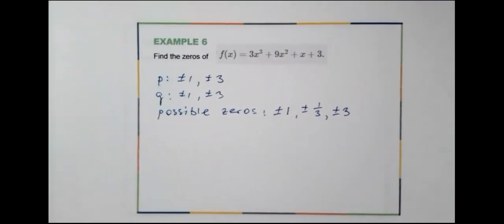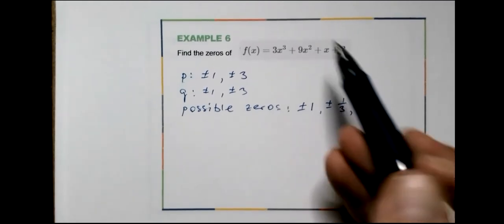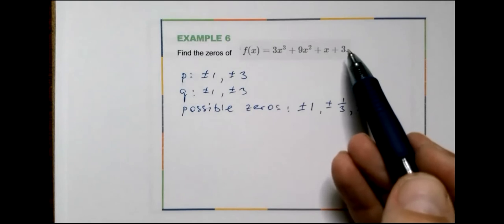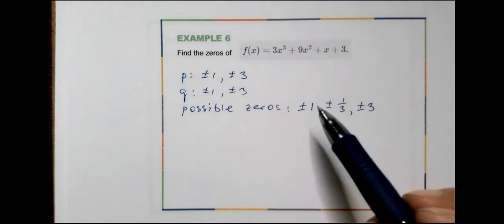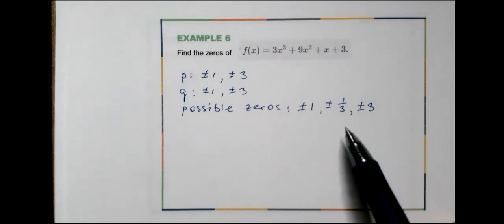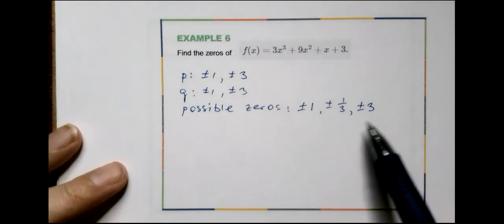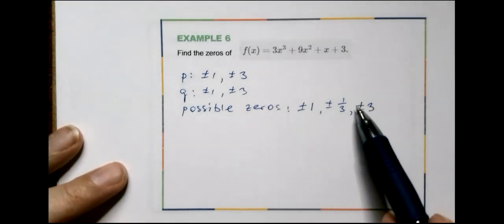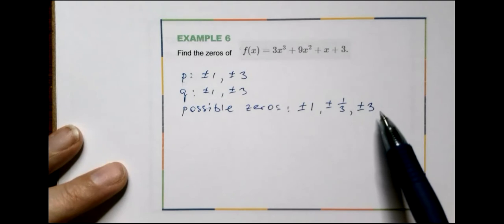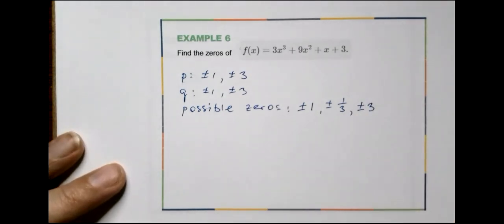And like we said, what we're going to do is divide our polynomial by these zeros. I mean possible zeros, because we just have to check them to see if they're really zeros. To be spontaneous, let's start from the right side and try 3 and -3.